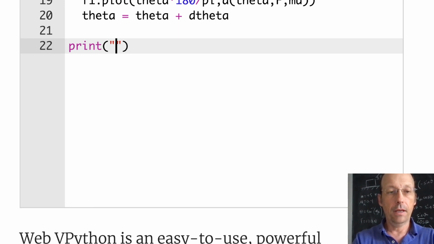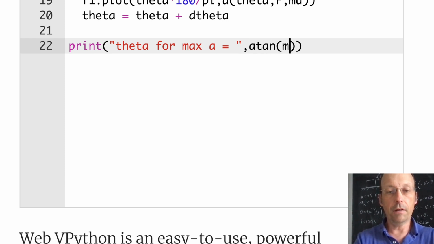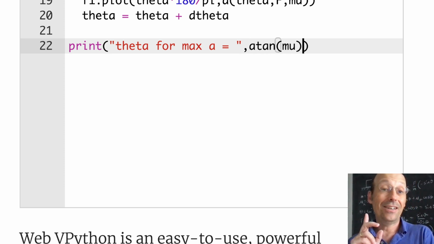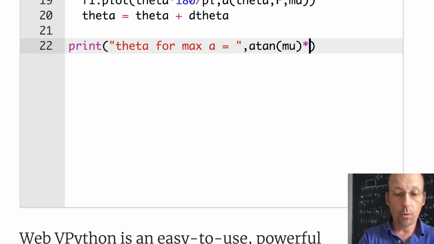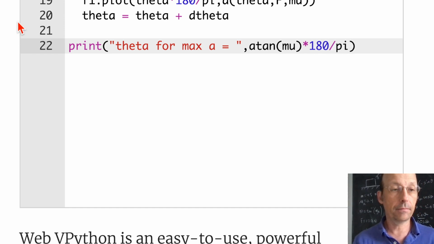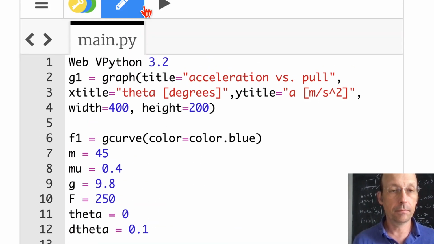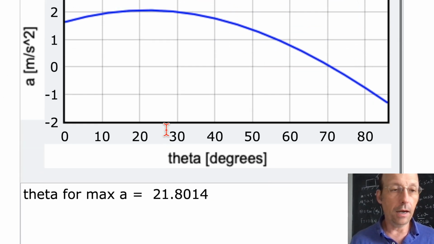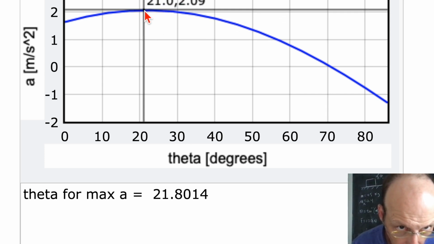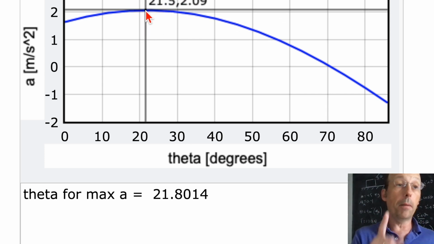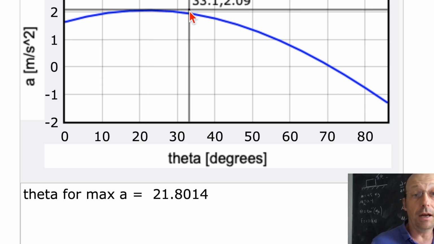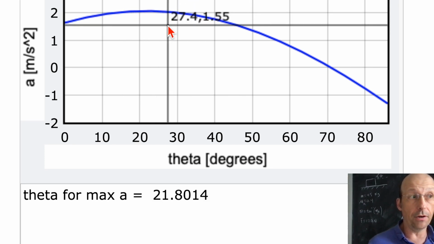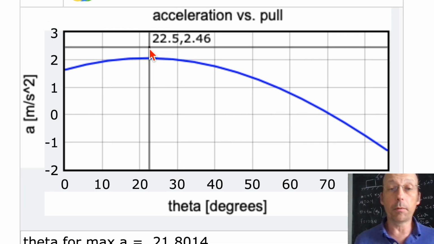Print theta for max A equals arctangent of mu, and that's in degrees, so I'll multiply that by 180 over pi. 21.8, that seems legitimate. It's hard to tell really. You can get a much better value. I could only plot this region right here, and that would make it zoom in a little bit better.